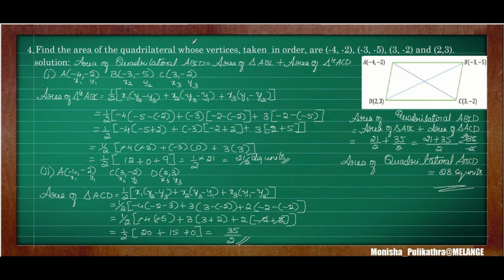So when they ask you to find out the area of quadrilateral, we need to separate it into two triangles. So one is here ABC and the one is ACD. So we need to calculate area of two separate triangles, then later we need to add it. Okay, so thereby we will get the value of area of quadrilateral ABCD. Here it is 28 square centimeter. I hope you understood this.